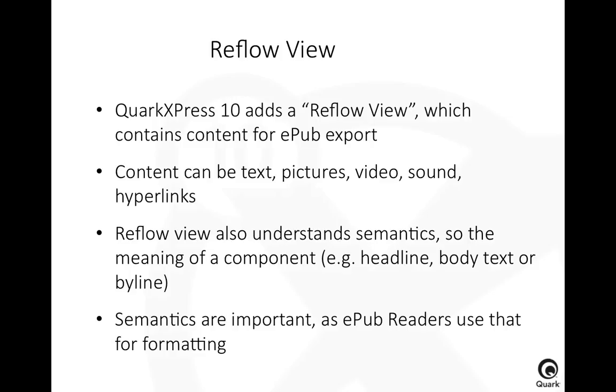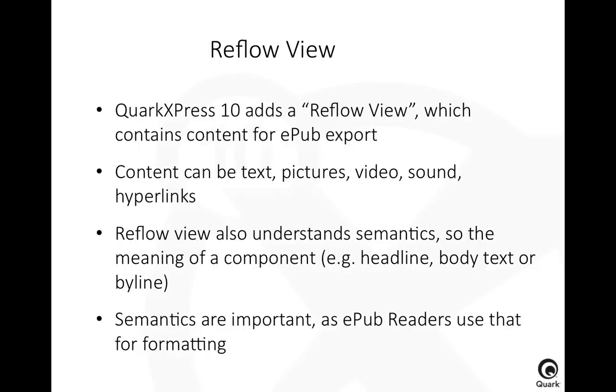So don't put crucial information in videos or in sound, because it could be that some weaker devices don't see that. And so it's always good to think of these scenarios and have a backup strategy, at least a little text saying in the video we're showing this, and then people understand that they can't read that or they can't view that.